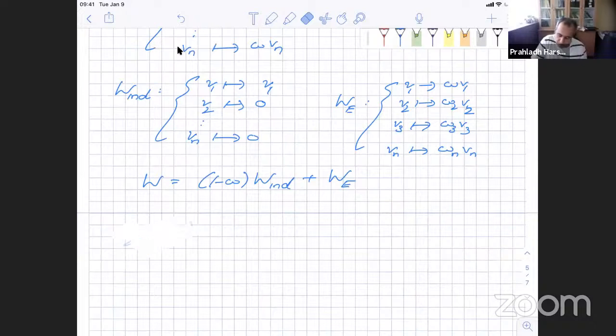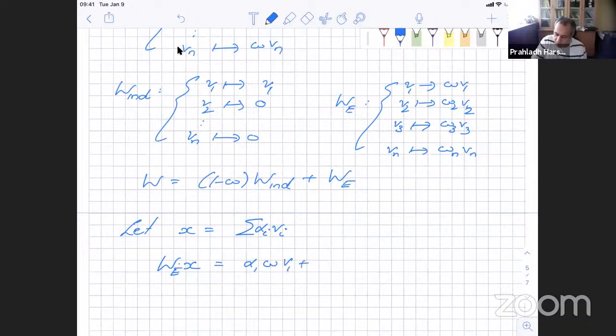Let x be summation alpha I vi. And let's understand what WE does to x. This is exactly going to be alpha 1 omega V1 plus, I going from 2 to n, alpha I omega I Vi. That's exactly how WE has been defined to be.